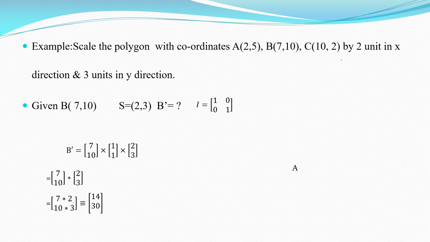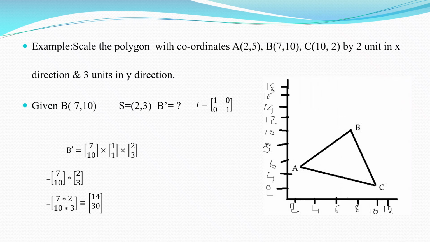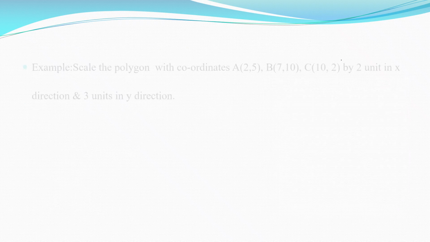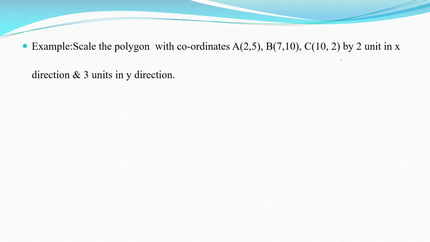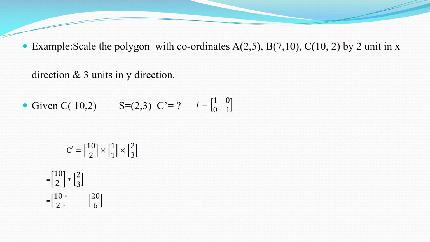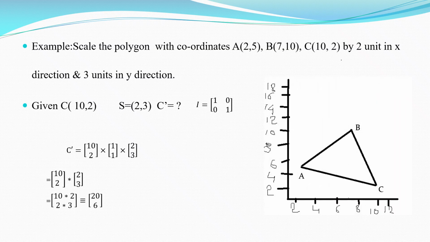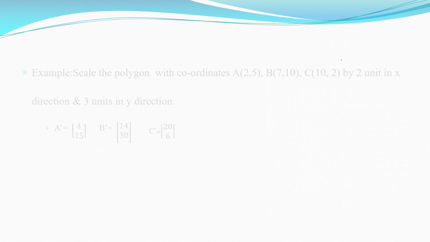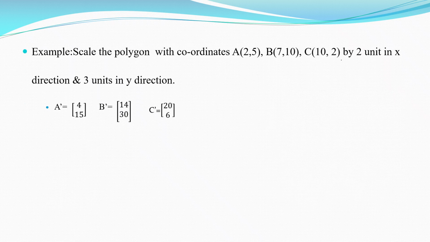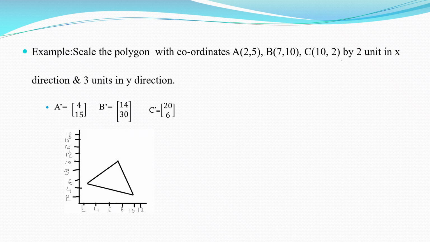It is a matrix multiplication; you simply multiply with the two parameters: 7 into 2 is 14, 10 into 3 is 30. And similarly we calculate C dash as well. What answer do we get? 20 and 6. So we get all the A, B, C dash values: 4, 15, 14, 30 and 20, 6.